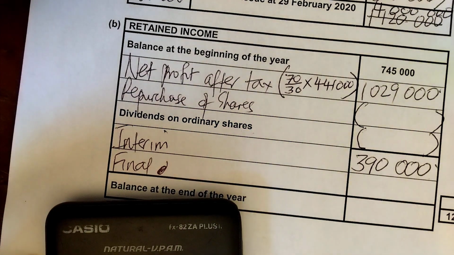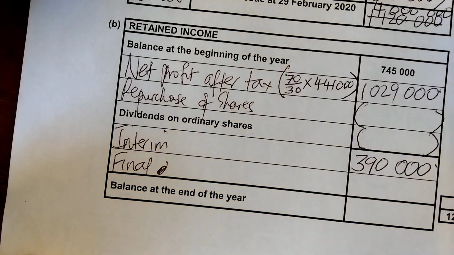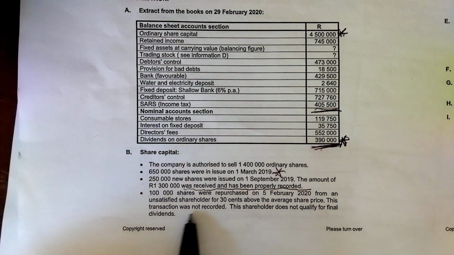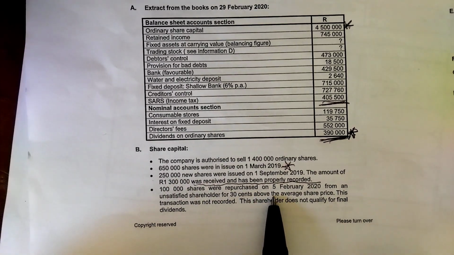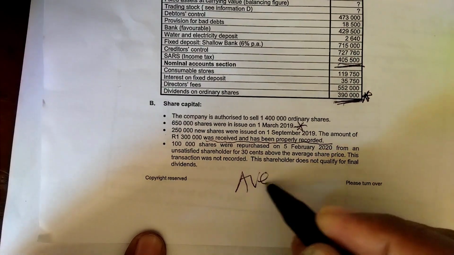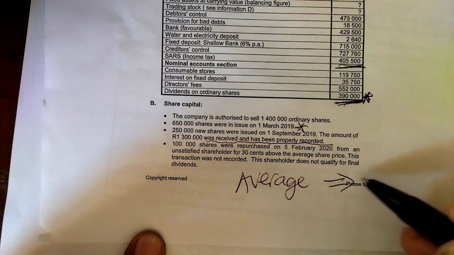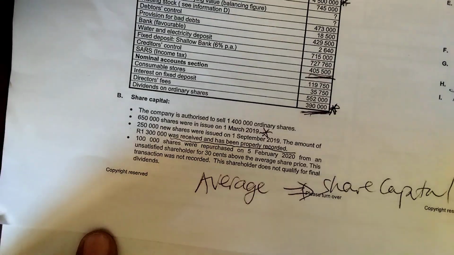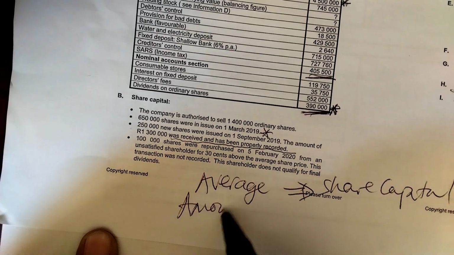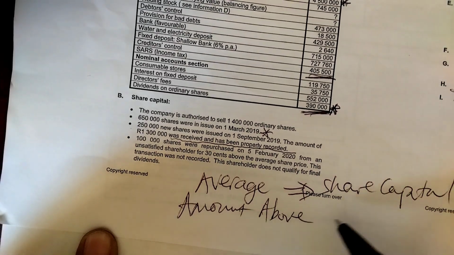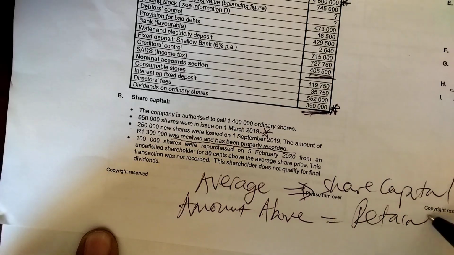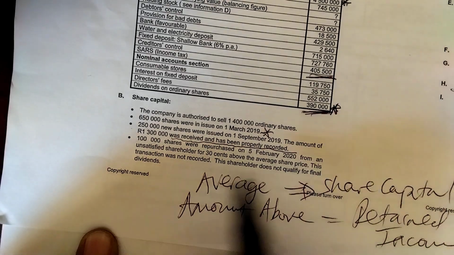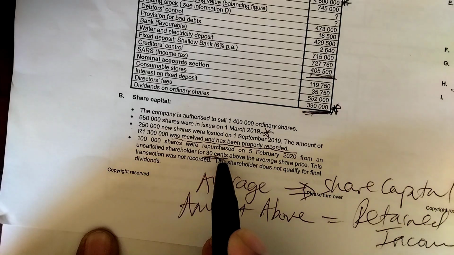Now, the repurchase of shares, I think we already got that somehow, because they said here, from an unsatisfied shareholder for 30 cents above the average price. So remember, when you deal with buyback, the average price goes to share capital, and then the amount above will go to retained income, which means for your retained income, we're going to use 30 cents.